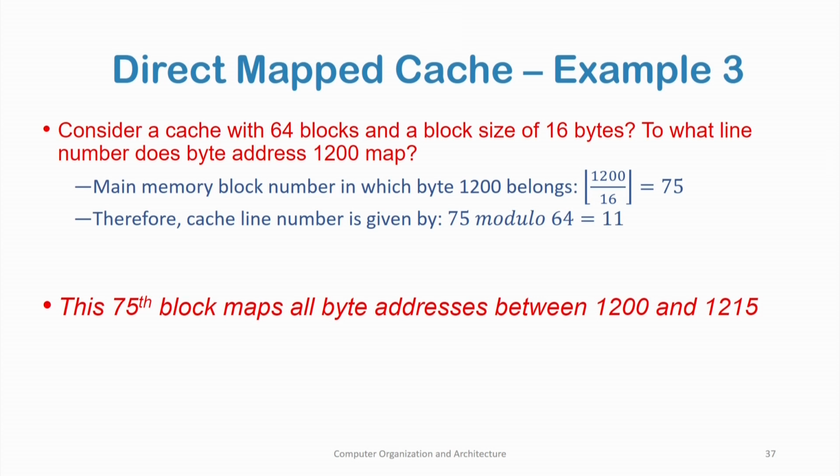So, this 75th block of the main memory, or this 11th line in the cache, will contain all addresses between 1200 and 1215.